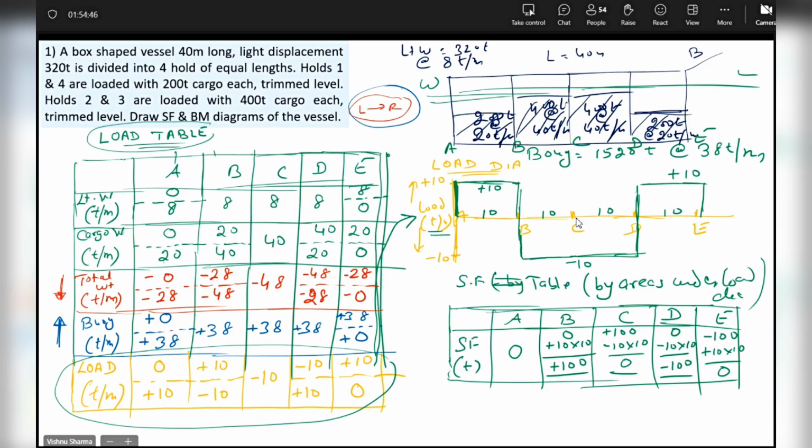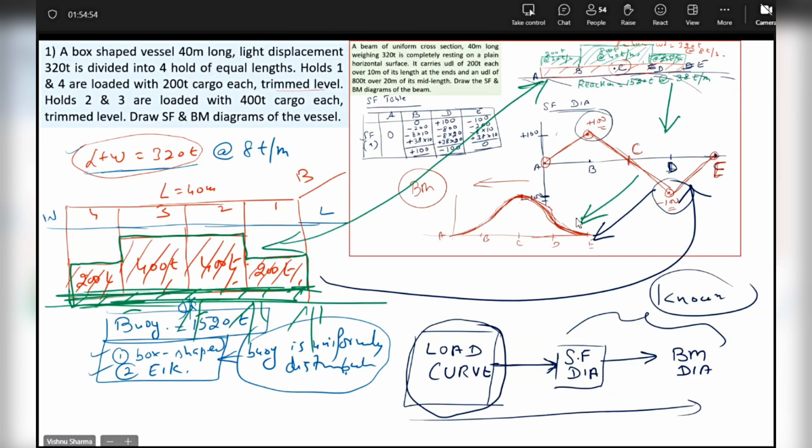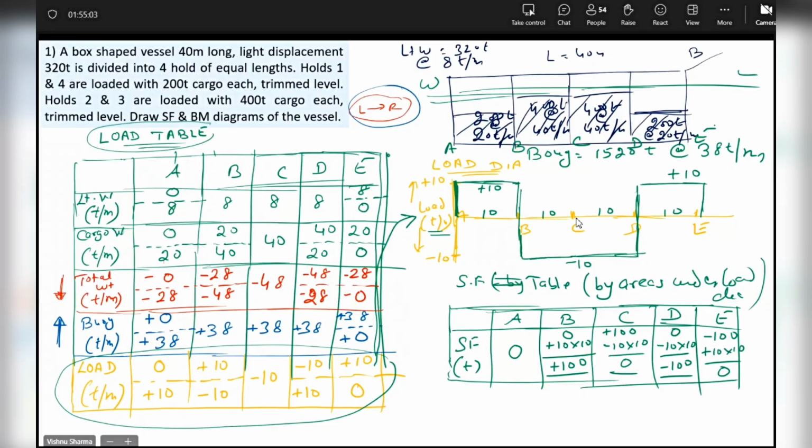Yes, correct, sir. And if you refer to that beam question, your SF at A was 0, at B was plus 100, at C was 0. You can see here: it was 0, plus 100, 0, minus 100, 0. And the same SF you have got here in the table through this route. Have you understood, beta, what I have done here?